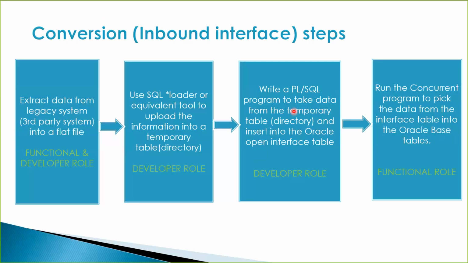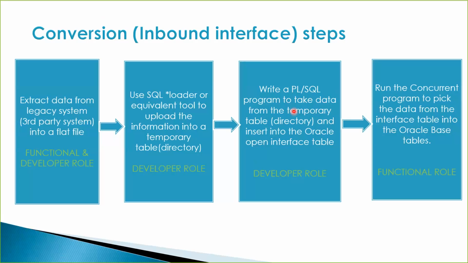Now, the last step is to run the concurrent program to pick up the data that has already been sent into the interface table and send it into the Oracle base tables. So the data will be picked up by the concurrent program from the interface table, because the interface table is basically where you dump the records.